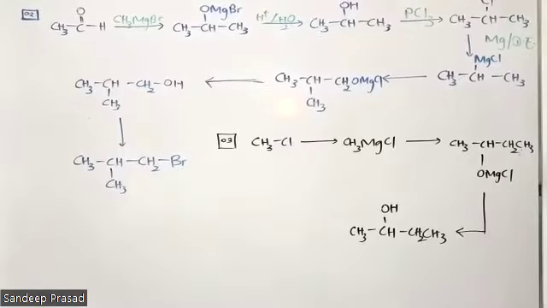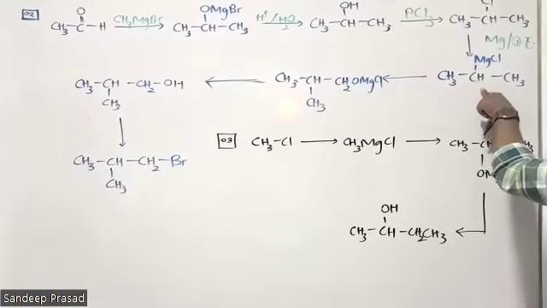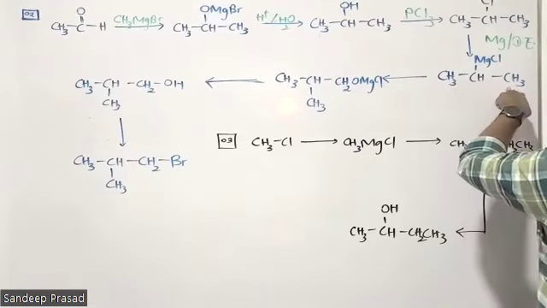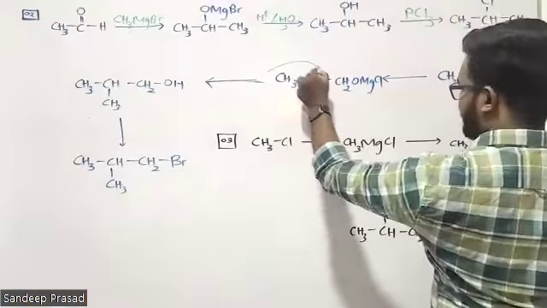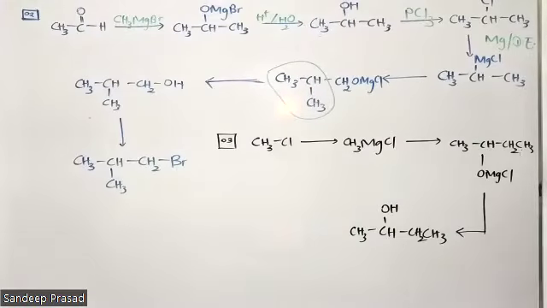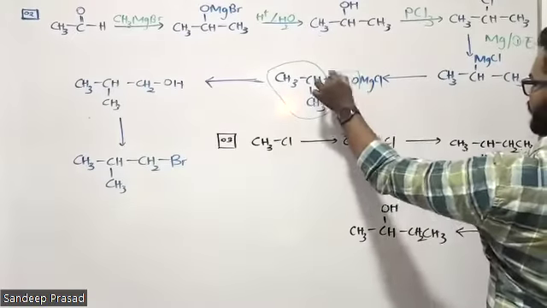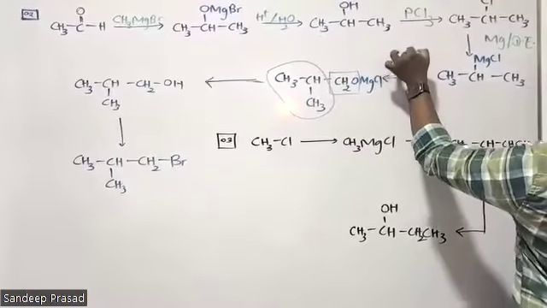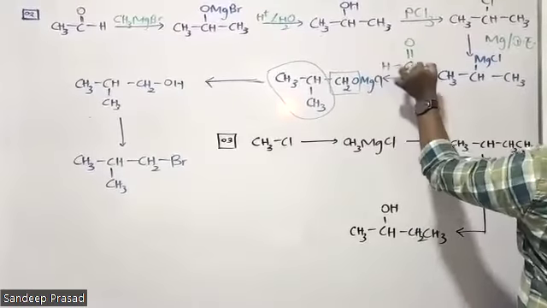And again, with this Grignard reagent, they have added an aldehyde or ketone. What is it? CH3, CH3. So this is that bulky alkyl group that came from the Grignard reagent. Then this is the aldehyde or ketone group. Definitely this one should be an aldehyde because there is one carbon, oxygen, and two hydrogens from both sides.